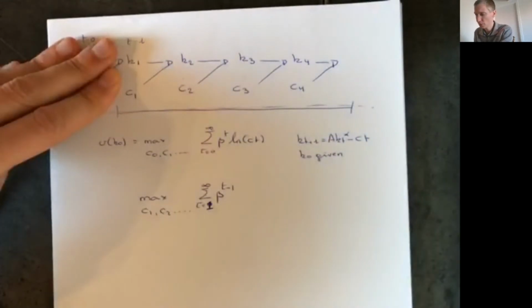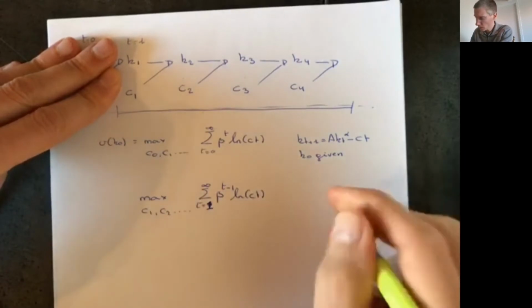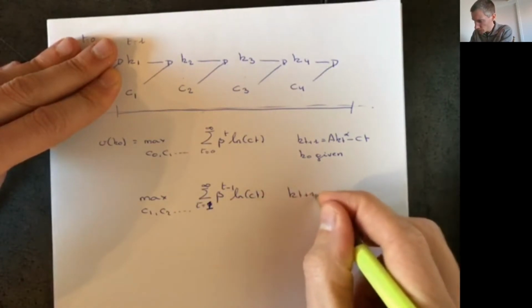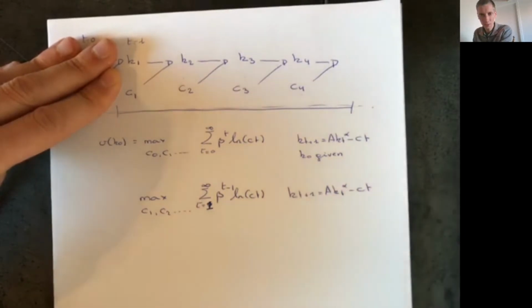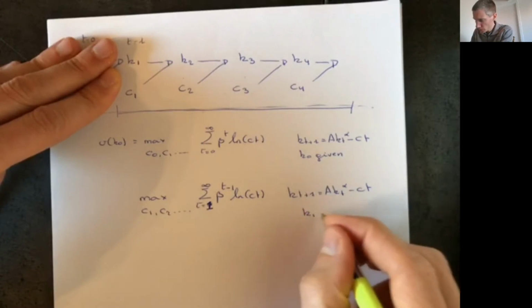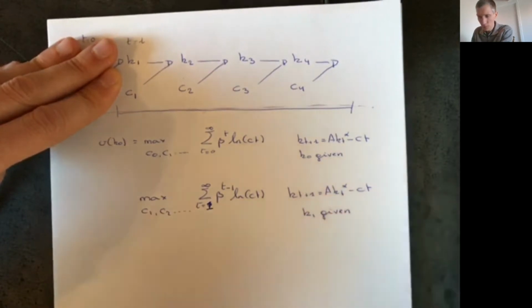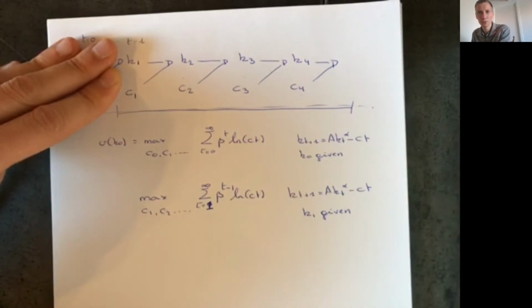So you have to shift one period. Of ln c_t, and then you have the same k_{t+1} equal to k_t^alpha minus c_t. And now it's not k0 that's given, but it's k1 that's given. Okay, so this is the problem at period 1 for the decision maker, right?